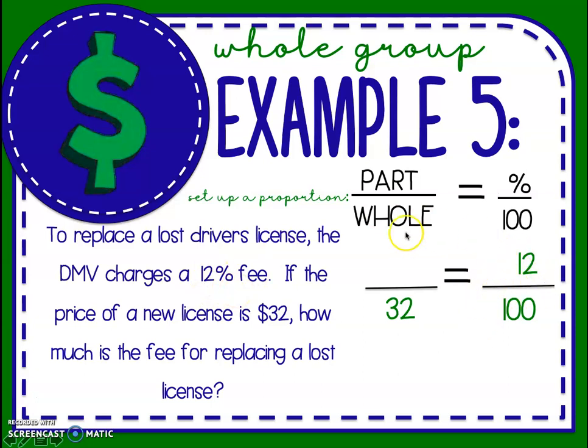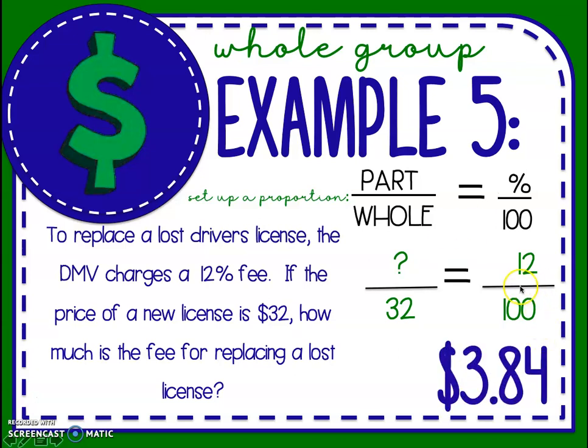To figure out what that fee would be out of 32, that's our question mark. That's what we're looking for. So now we can cross multiply 32 times 12, divide out the 100, and we get that the 12% fee would be $3.84. Again, pay attention to that rounding. You need 2 decimal points after your decimal place.